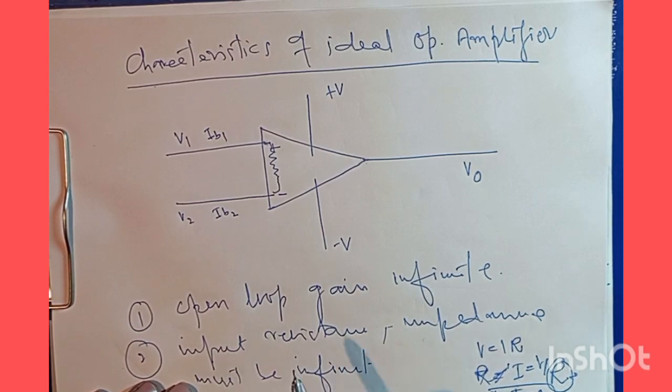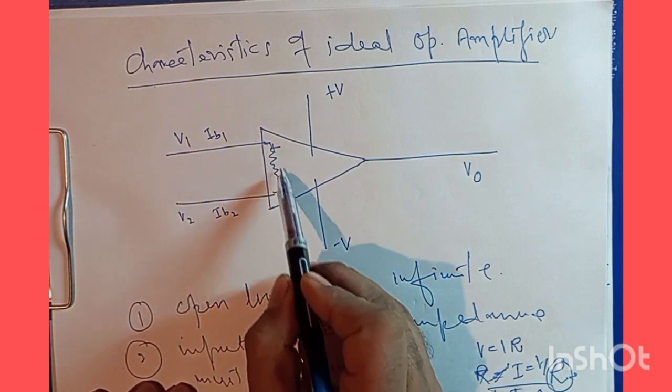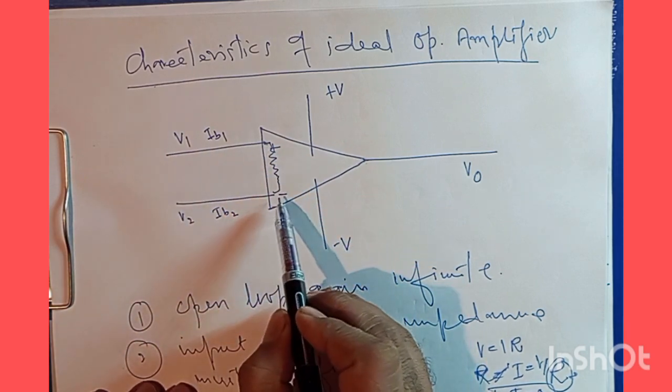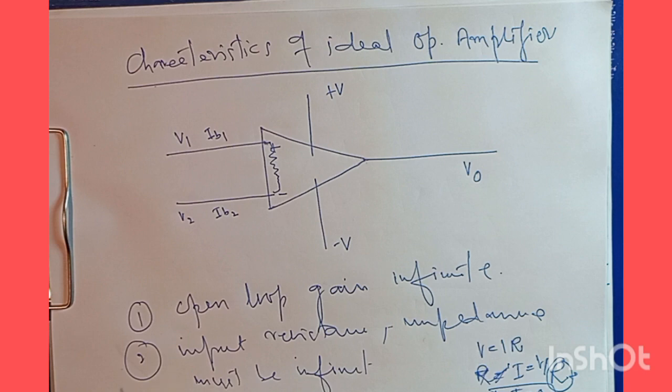So the current that will pass through the resistance of this operational amplifier will be zero, right? So this is another important characteristic of an operational amplifier.